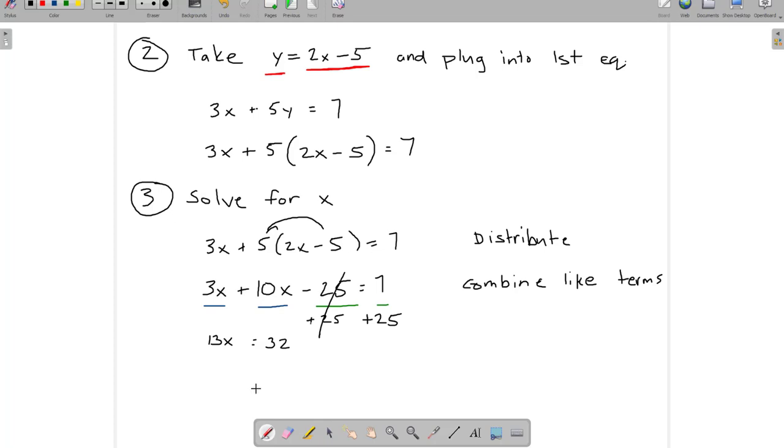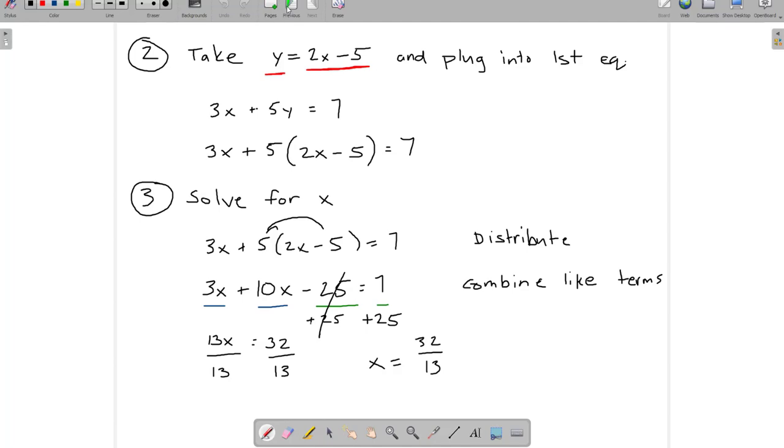And then finally, we just have to divide by this 13 so that x equals 32 over 13. And that's really disgusting, but I believe we did everything correctly. I'll go back and check. Well, it looks like I did everything correctly, so we'll go ahead and continue, and we'll check our work at the end to make sure everything went correctly, but it's looking like we are doing it right.